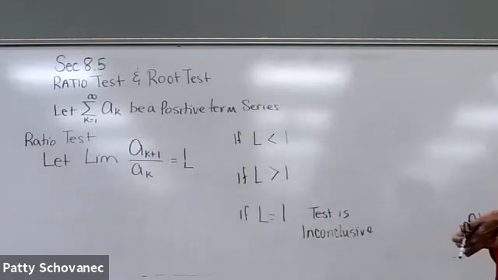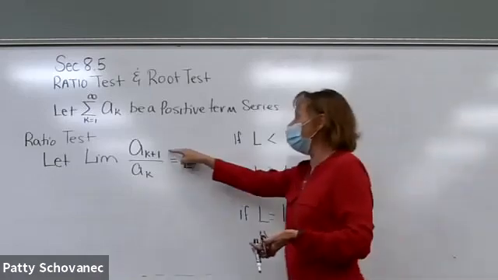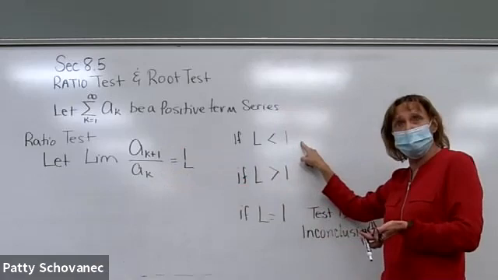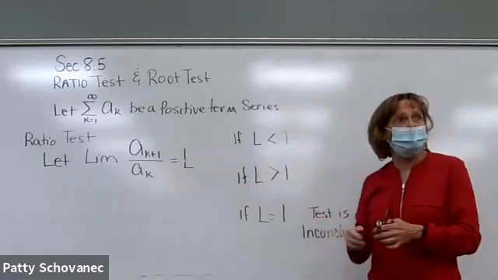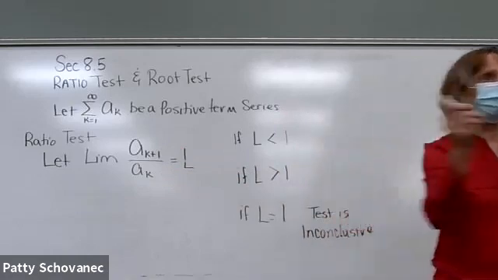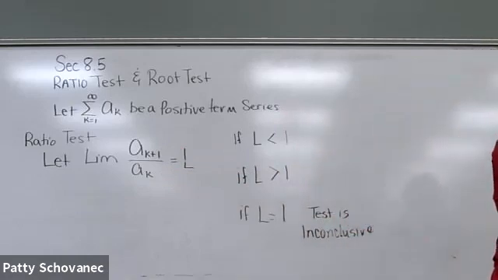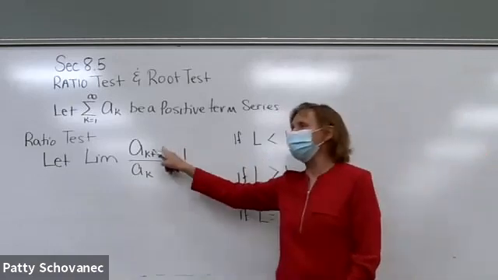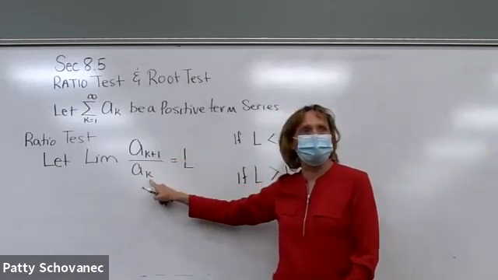So what's the better case? If the ratio of the next term over the previous term is smaller than 1, or if it's bigger than 1? Which one makes more sense in making the overall sum at the end start to be getting a bunch of zeros added there? We want it smaller than 1. If that ratio is smaller than 1, this term is going to be smaller than that one.